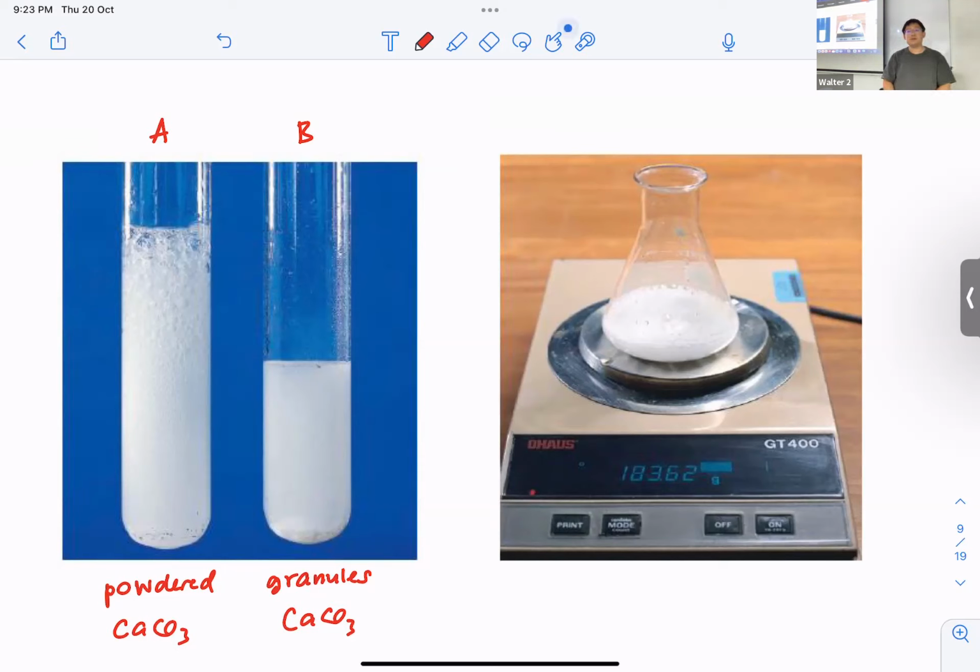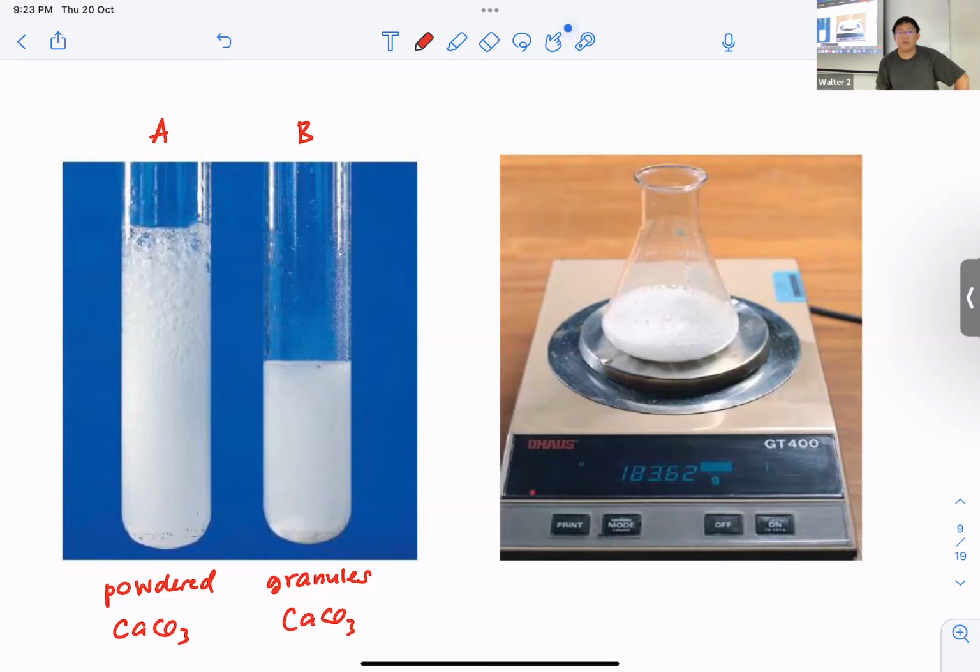Calcium carbonate and? Limestone and what? Look at the equation. The acid, correct. So what about the acid that you need to keep constant? Volume, number one, some more. Concentration, very good. Yes, molarity, correct.